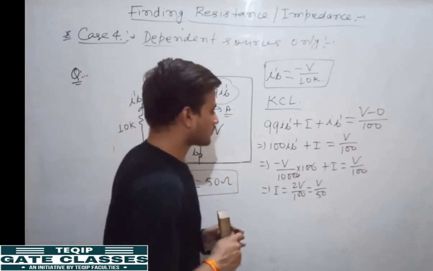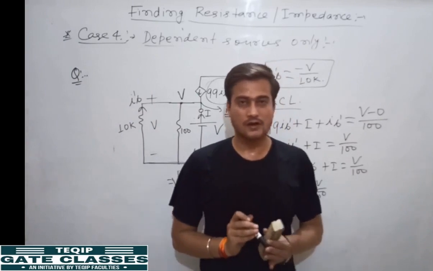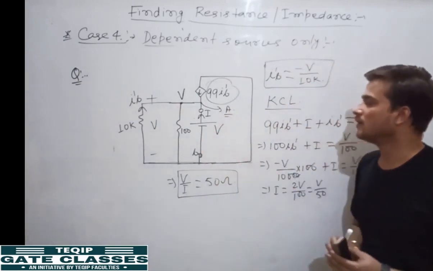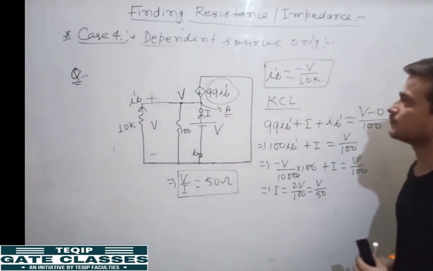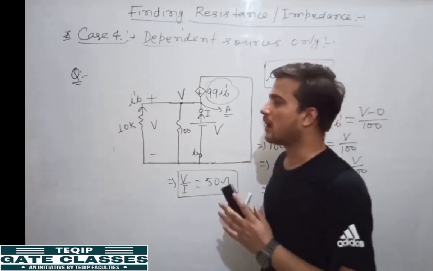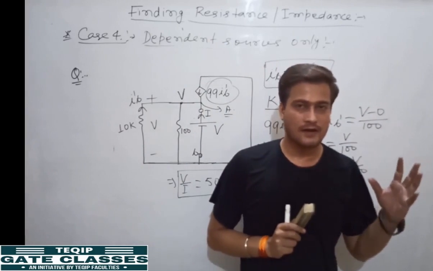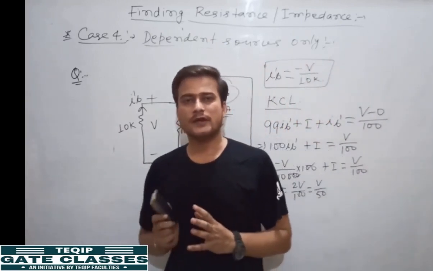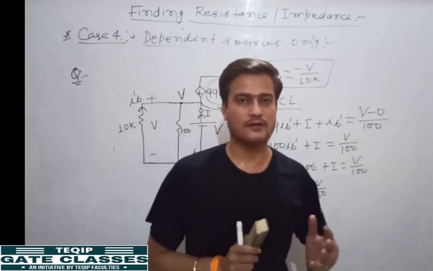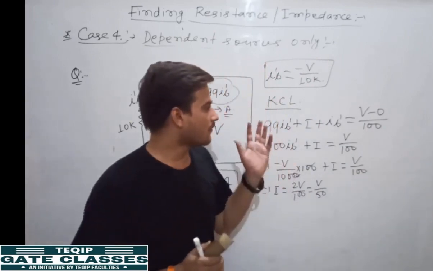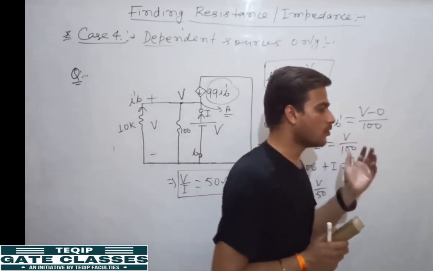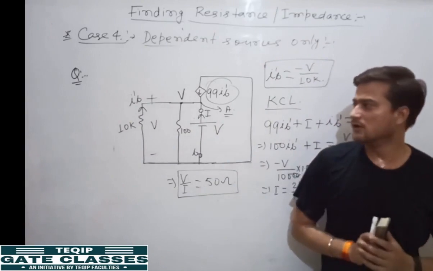This question was very important, and you see how beautifully he solved it. So this is all about how to find the equivalent resistance or equivalent impedance of any type of network. Once you cover this part, you need to practice more problems based on this topic.